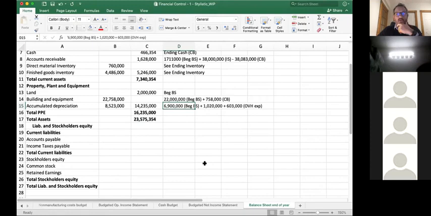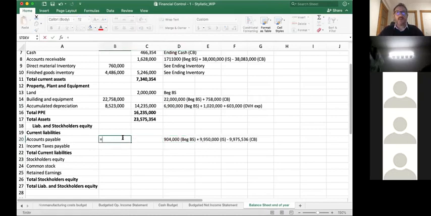So for the liability side, so accounts payable. So we reach the question of Mr. Kian. So we're gonna check if we can find a solution.